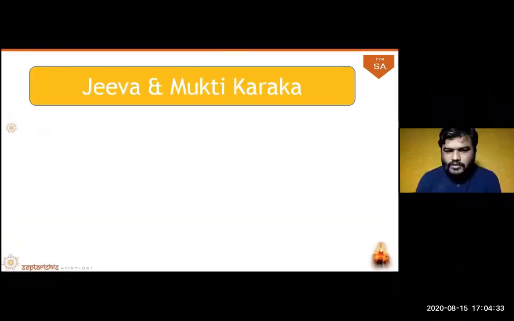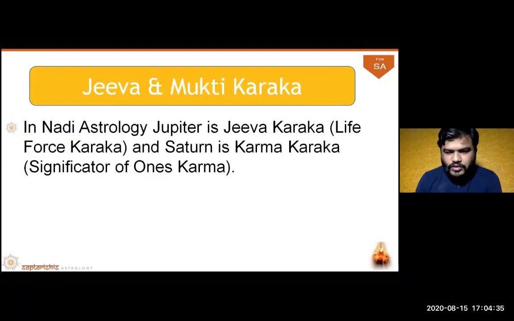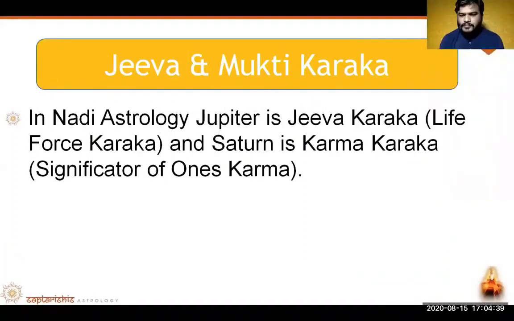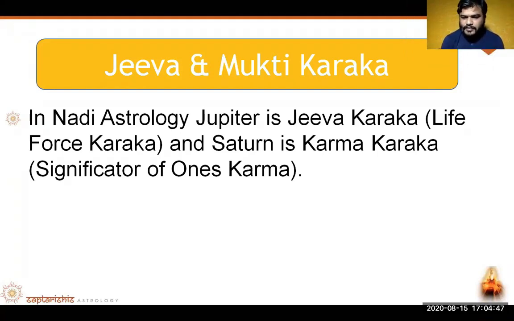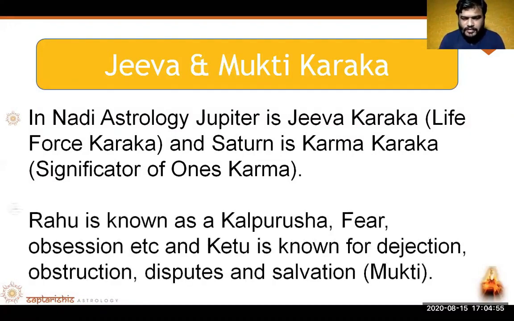In Nadi astrology, as we know, Jupiter is a Jiv Karaka, the life force karaka, and Saturn is a Karma Karaka, the significator of one's karma. This is a very well-known concept.